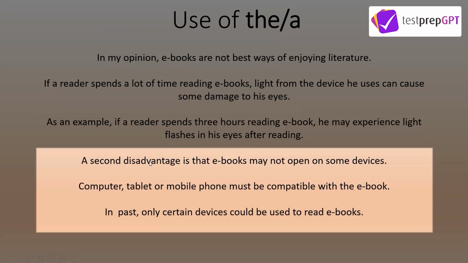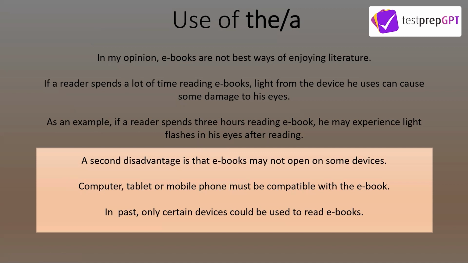Number 4, a second disadvantage is that ebooks may not open on some devices. That's fine. Computer, tablet, or mobile phone must be compatible with the ebook. Okay, so here we have countable nouns. So either we must change them into plural or we need to put an article, a, at the beginning.